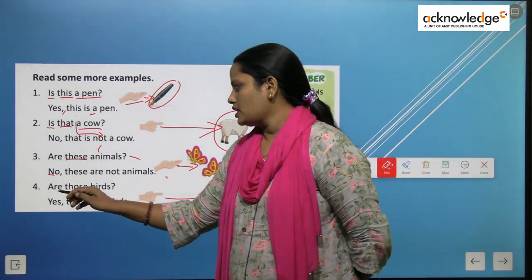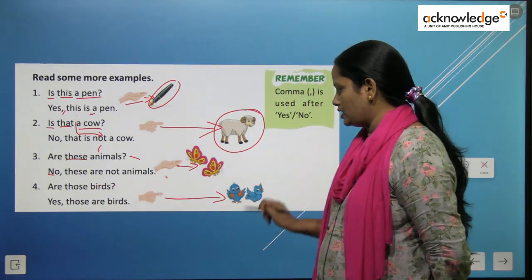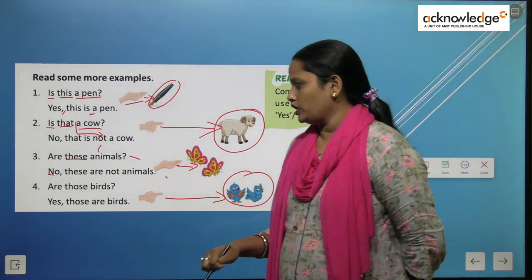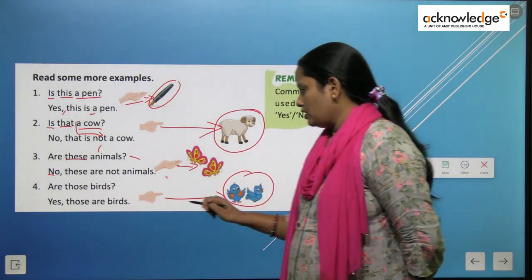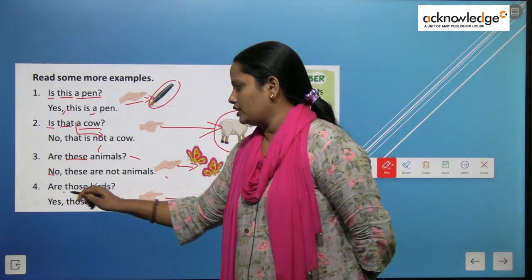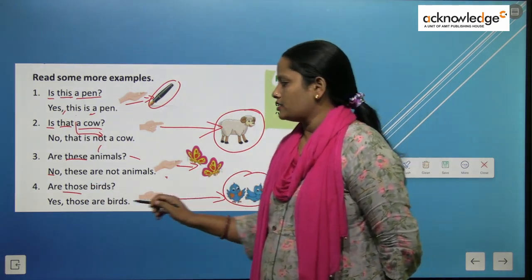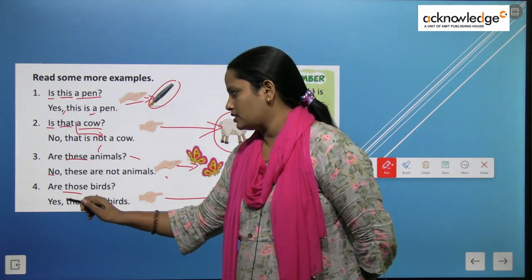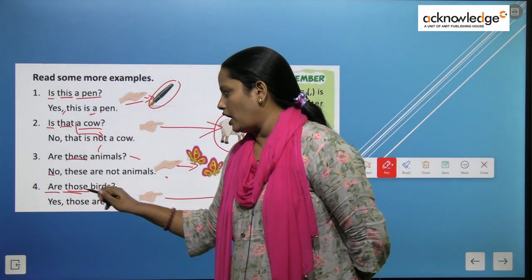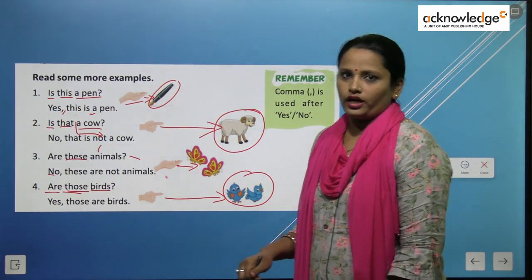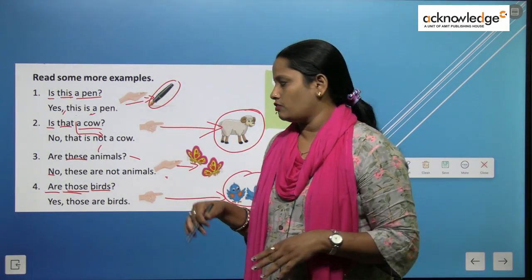The fourth one is, are those birds? They are two in number and they are far away, so we have written those here. Are those birds? And the answer is yes, those are birds. So when we write down the answer, what will we do?